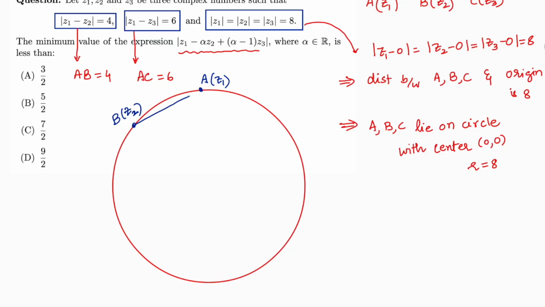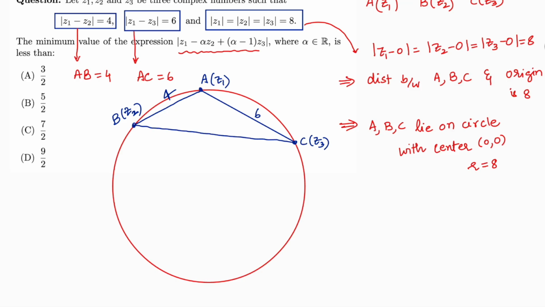This distance is 4, this is AB. And point C is represented by complex number z3, and the distance between A and C is 6 units. So I have triangle ABC like this.